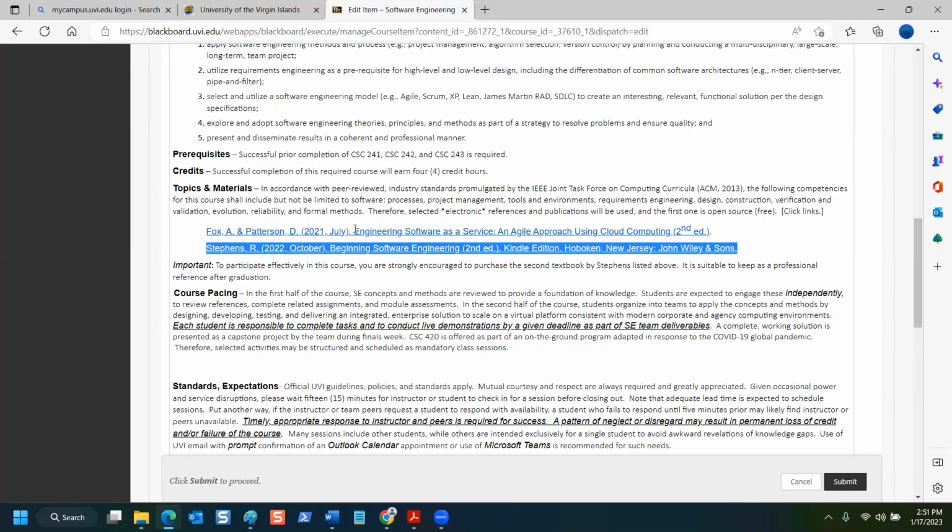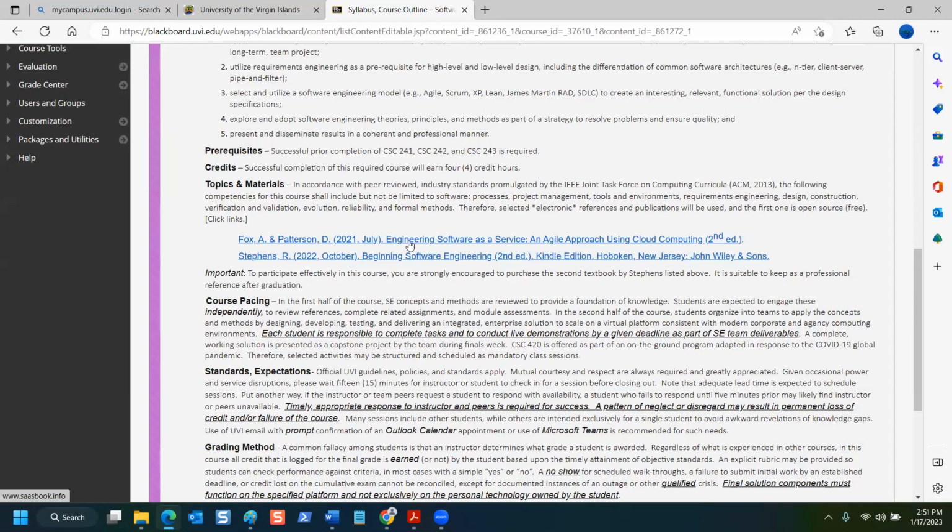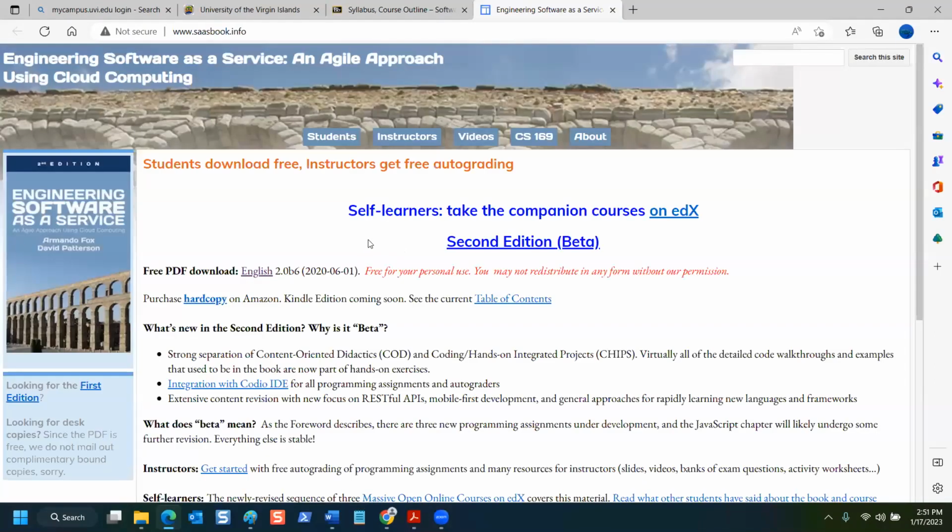This one is more of we're going to show you how to do this as a team online in the cloud, utilizing software as a service, and we'll do it with Ruby on Rails. So that's significant.